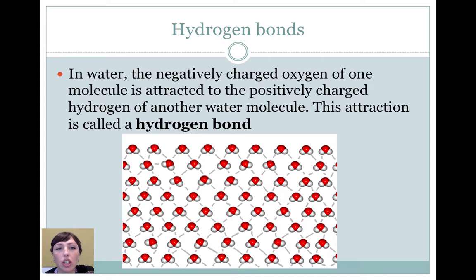And really, it's just the attraction between those two that is called a hydrogen bond. Since water is a molecule with partially charged atoms, water can form many, many hydrogen bonds between its molecules. And this is the property that gives water so many of its unique attributes that helps make life itself possible.